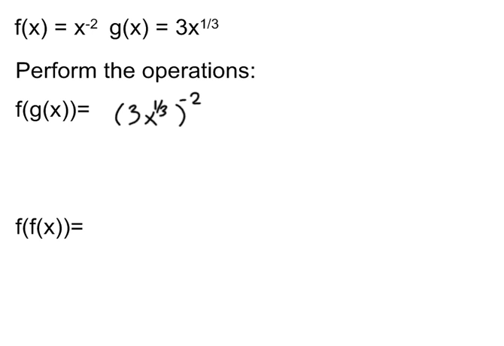Since this has power to power, let's go ahead and multiply these exponents. What exponent is the negative 2 multiplying on the 3? It's multiplying the 1. We end up with 3 to the negative 2 and x to the negative 2 over 3. 1 over 3 times negative 2 is negative 2 over 3.